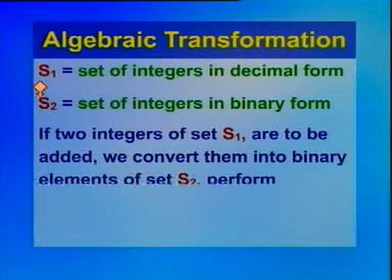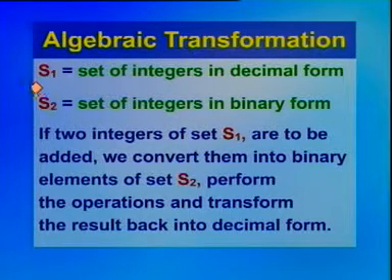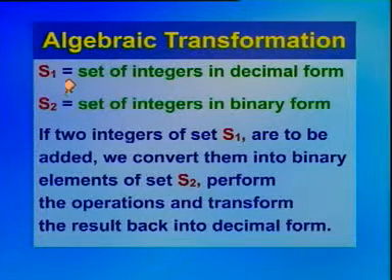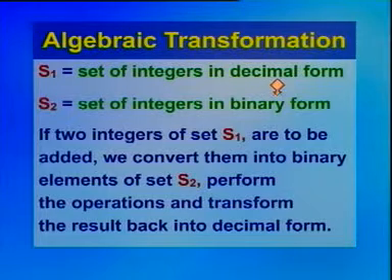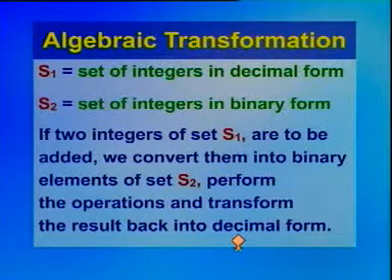Now let us consider the first example. In this first example, we have set S1, a set of integers in decimal form, and another set S2, a set of integers in binary form. If two integers of set S1 are to be added, we convert them into binary elements of set S2, perform the operations, and transform the result back into decimal form, as we have explained earlier.